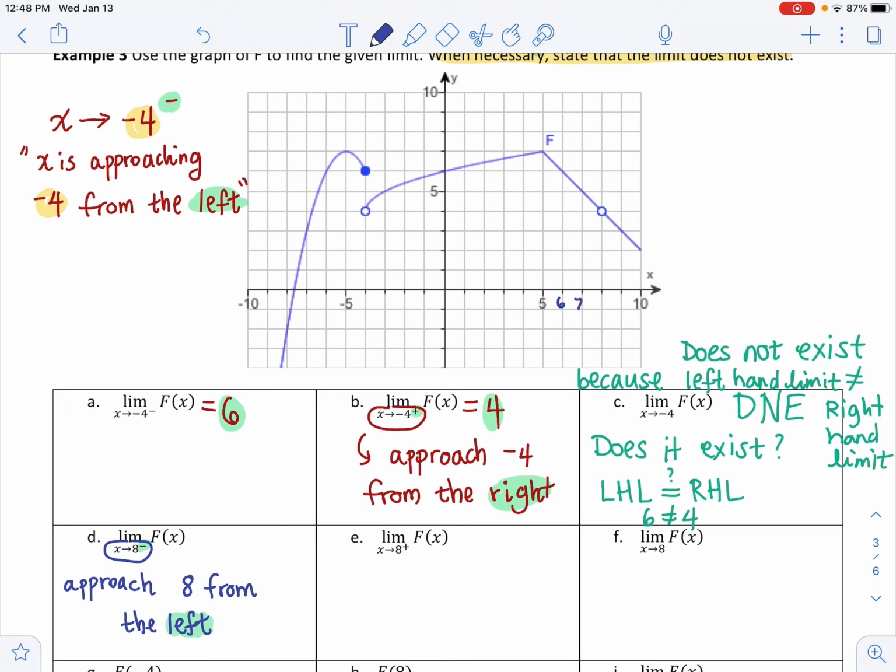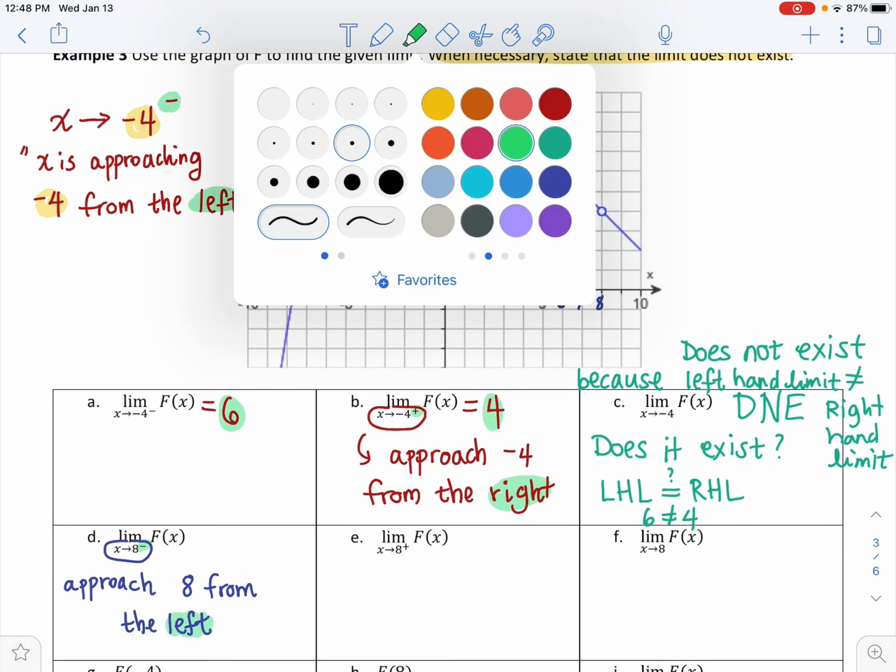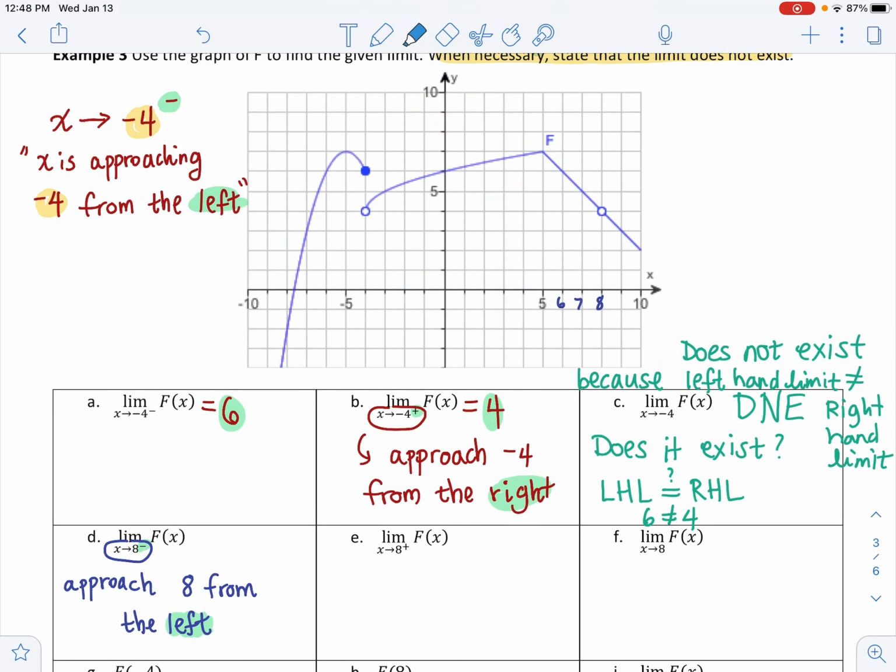This is 5, 6, 7, 8. So I need to start from somewhere on the left and try to approach this point right here. Somewhere on the left, I'm going to follow this graph, and I can see that we are approaching this point, which is 4 for the y value. So the limit is 4.